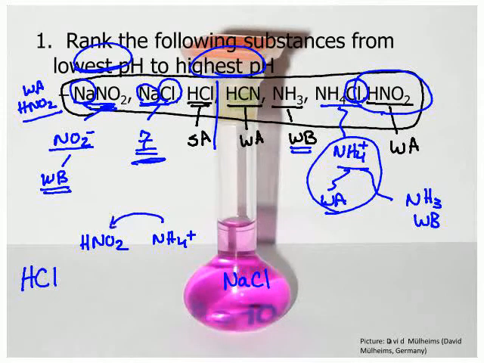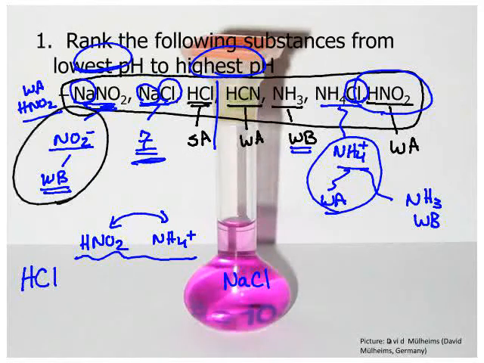I don't know if these should be flipped or not, but they're both in the weak acid category. In the weak base category, we have the nitrite ion and ammonia. So here is my list, and I can decide which one is stronger or weaker.